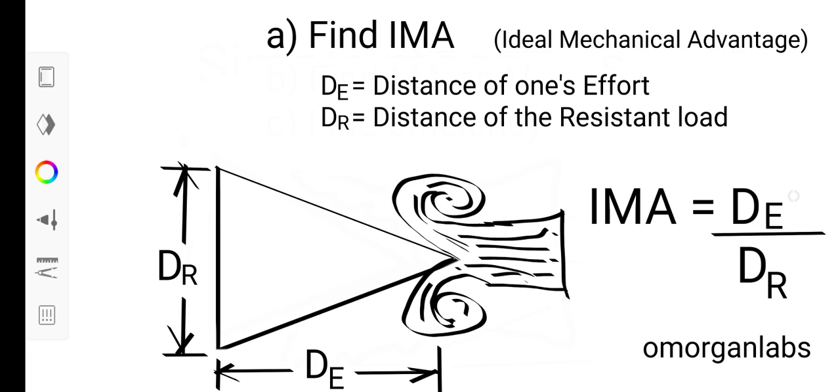Your DR is your distance of resistant load. That's your separation, which is your 4 centimeters. So you're dealing with centimeters and meters. You have to do a conversion, put the numbers together, and that'll give you the IMA.